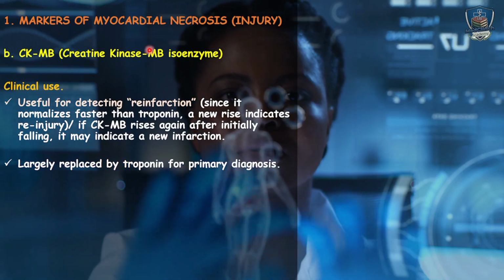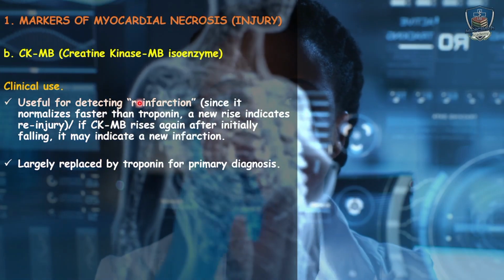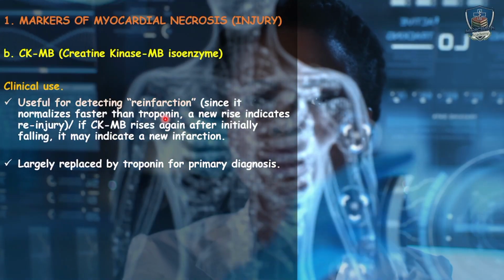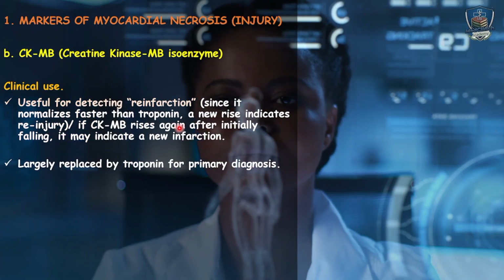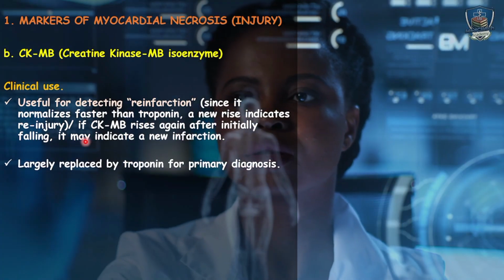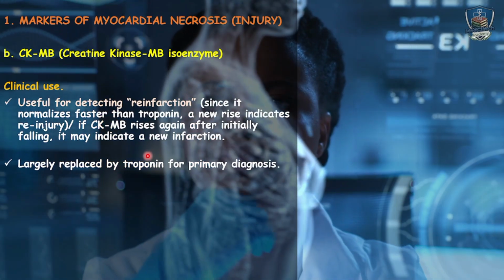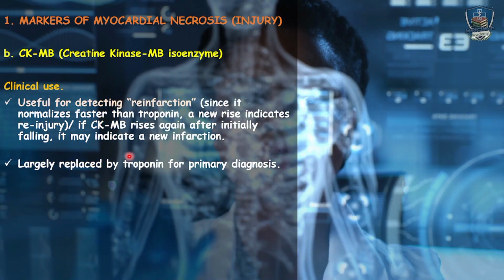One of the clinical uses, as I've told you guys, is detecting a reinfarction. Why? Because since it normalizes faster than troponin, a new rise indicates a re-injury. So if CKMB rises again after initially falling, it may indicate a new infarction. So if you want to identify a reinfarction, the best test to go for is the CKMB.